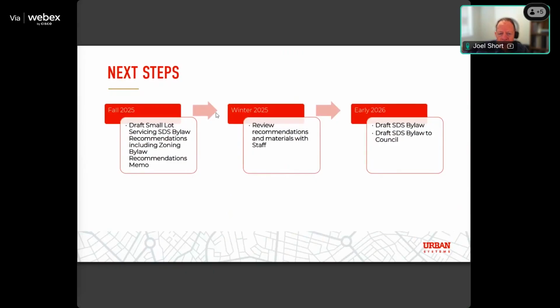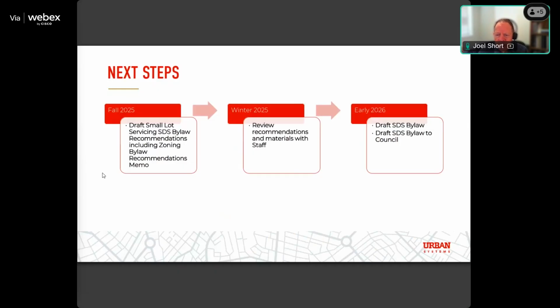Anyways, on to the process. So we've got fall 2025. We're going to be making some recommendations, putting together a memo, and then we'll review those. Obviously, what you're telling us is something that we need to think about very carefully. So we'll take that back and think that through. And yes, perhaps we're not going to be proceeding with some of those aspects of it.